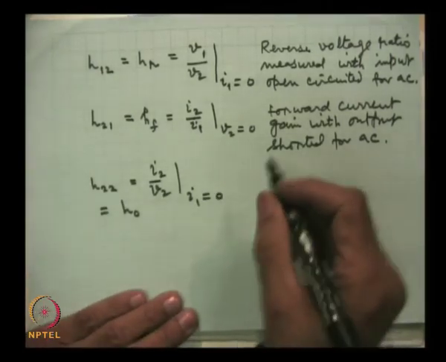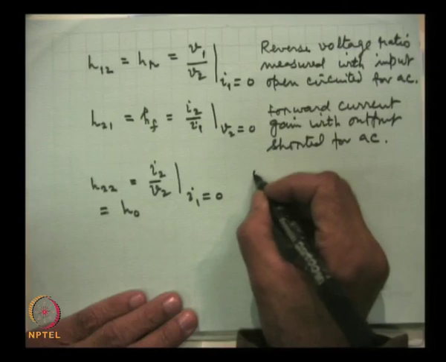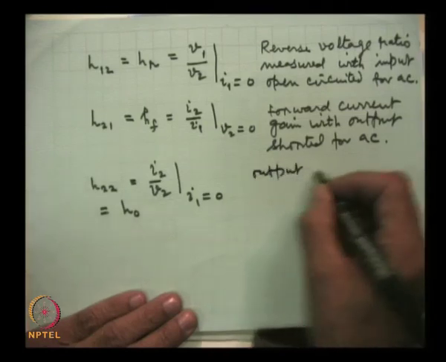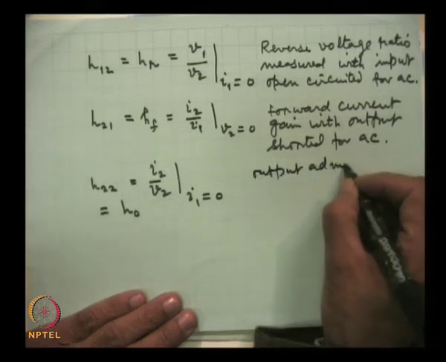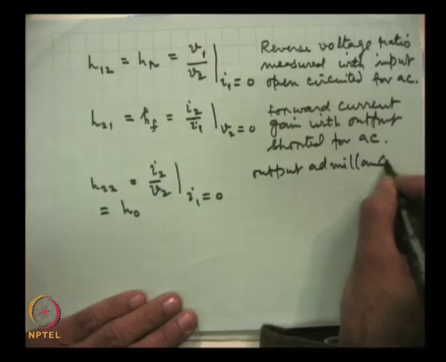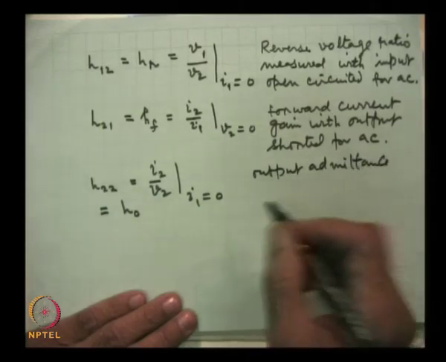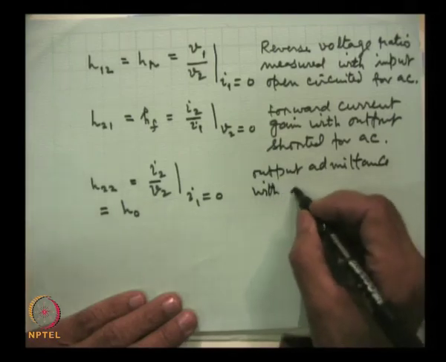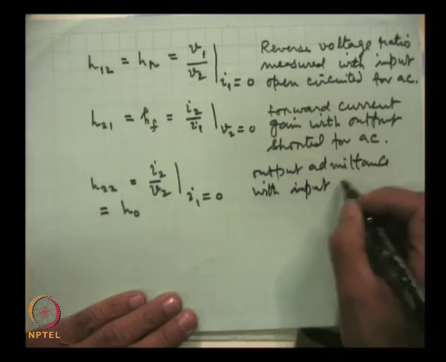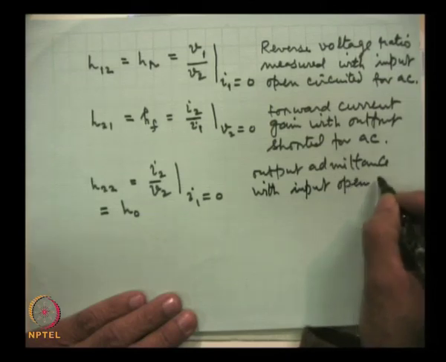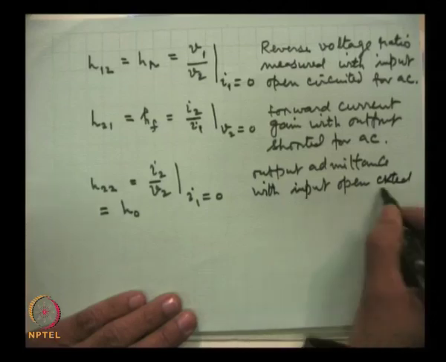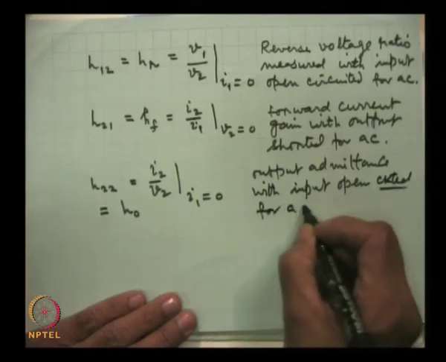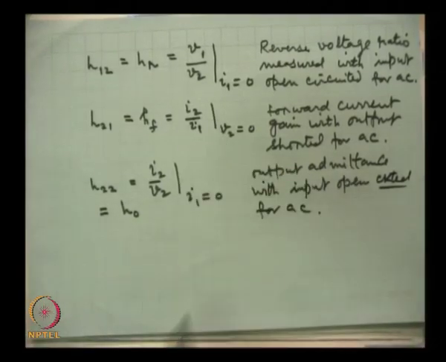So, this is the output admittance with input open circuited for AC. So, these are the 4 parameters.